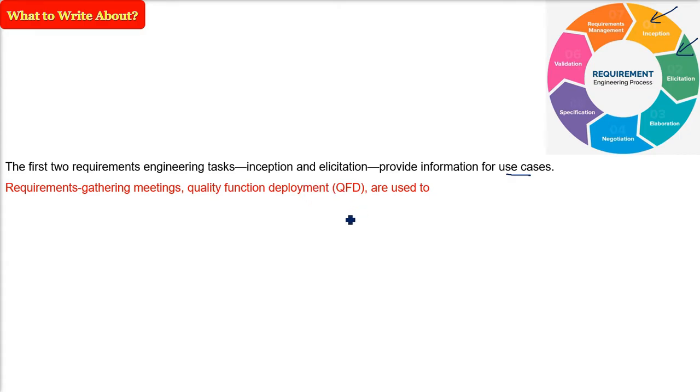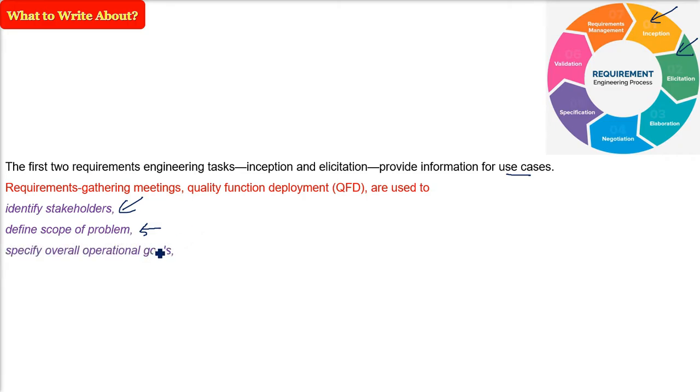There are various methods. We use them first of all to identify the stakeholders. Who are the stakeholders who are going to use it? We have to define the scope of the problem, that is, what the software wants to achieve. Then what are the operational goals? What do you want to do with this software or system? Then priorities: which has to be made earlier, which later.